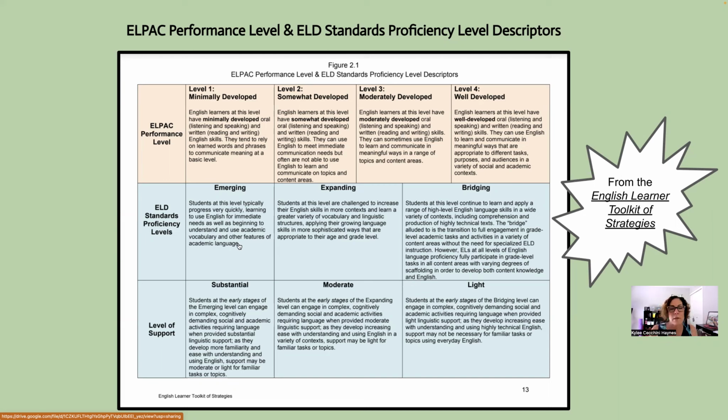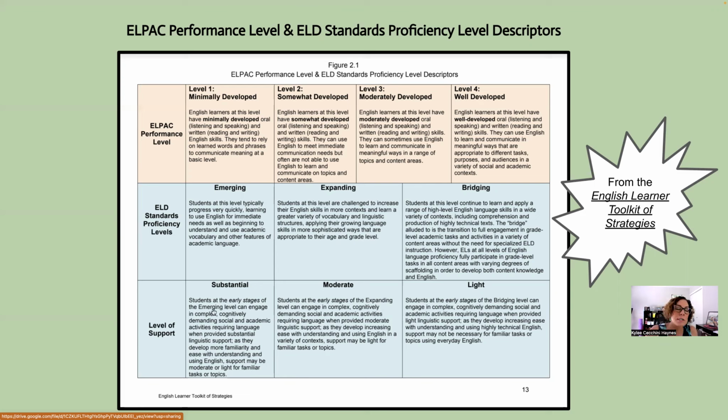That lines up exactly. Expanding, though, bridges level 2 and level 3. There's a range within each of these levels for the LPAC performance level. There's a range of scores, and we'll see that in the reporting. You'll see what I'm talking about. But expanding will be sort of beginning level 2 to mid-level 3. That's expanding. And then bridging is upper mid-level 3 through level 4.